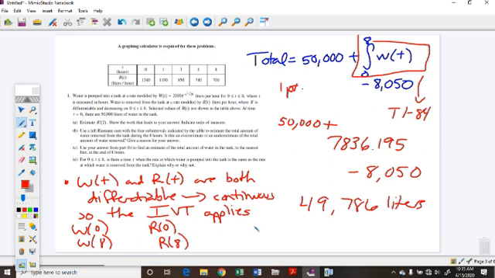And so at some point you must have shown that you considered W of t minus R of t. That earns 1 point. Why are we doing that? Because they're asking, is the rate at which water is pumped into the tank the same as the rate at which water is removed from the tank?